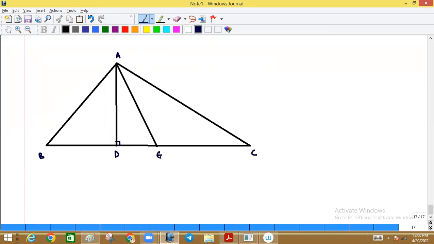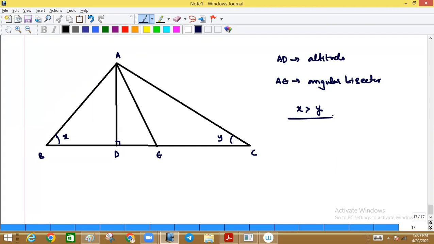AE is an angular bisector. Obviously, if I give you X and Y, X is greater than Y. I just want to find the angle between them, angle DAE. What is angle DAE?